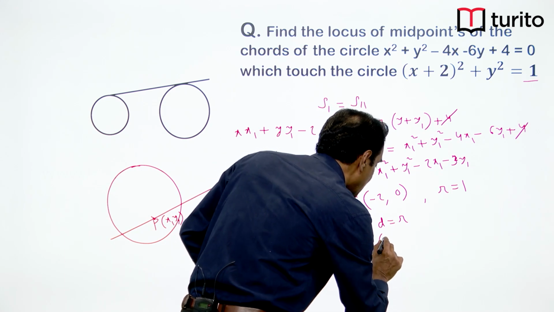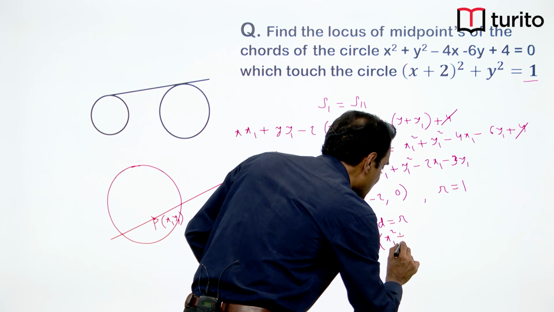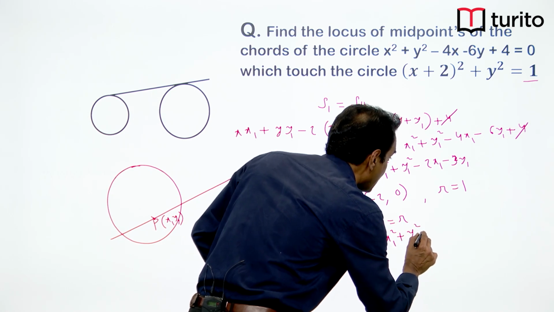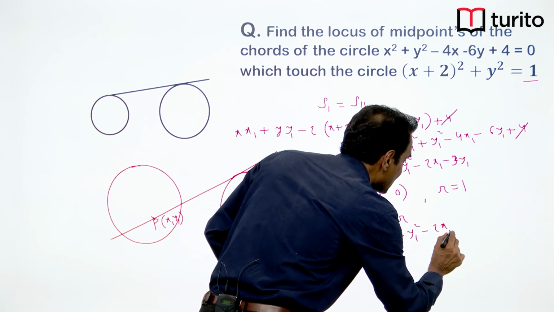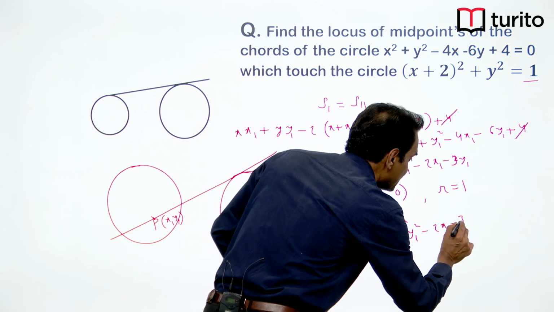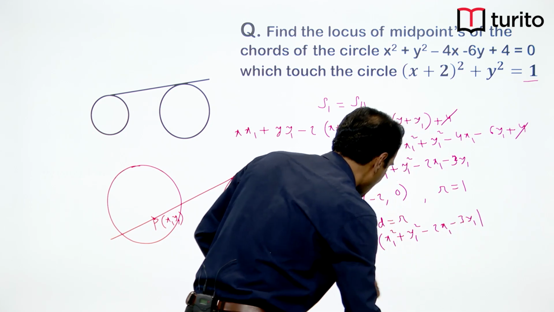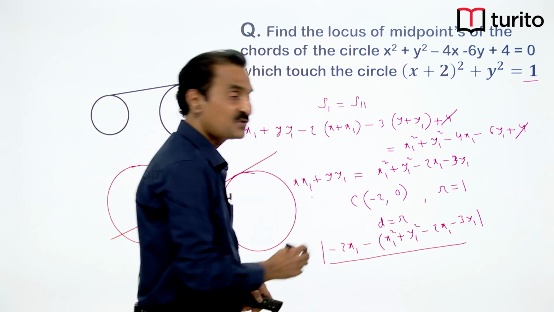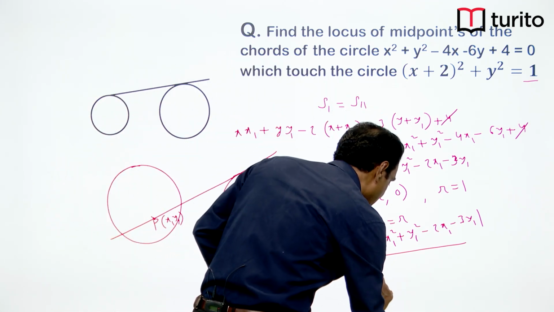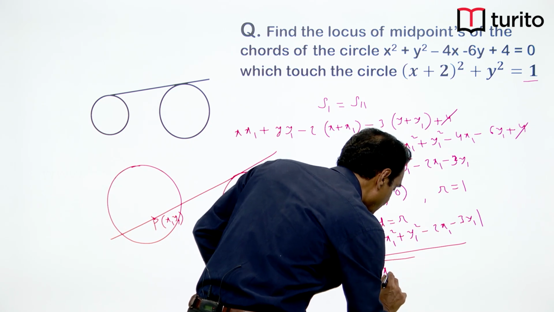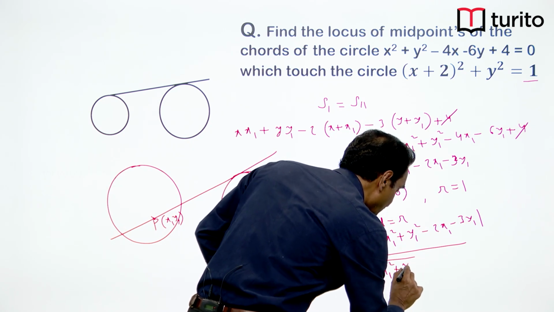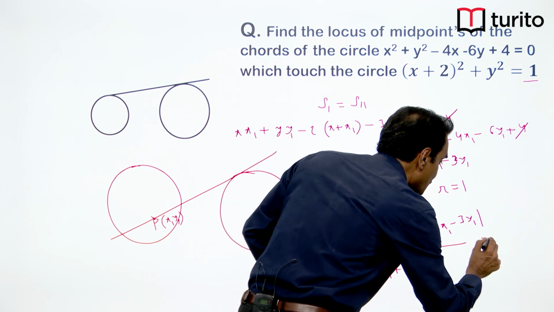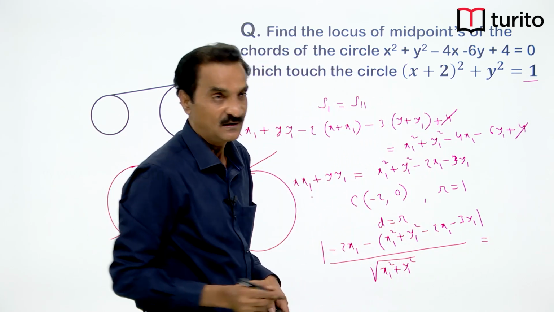minus of (x1 square plus y1 square minus 2x1 minus 3y1) by root over (x1 square plus y1 square) is equal to radius of the circle, 1.